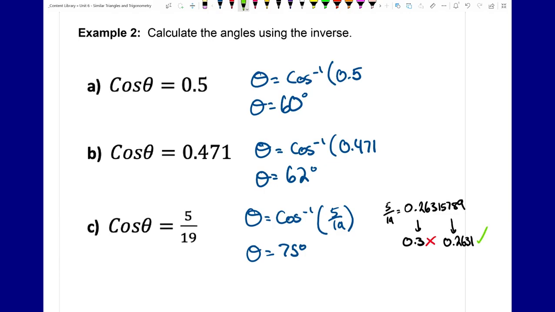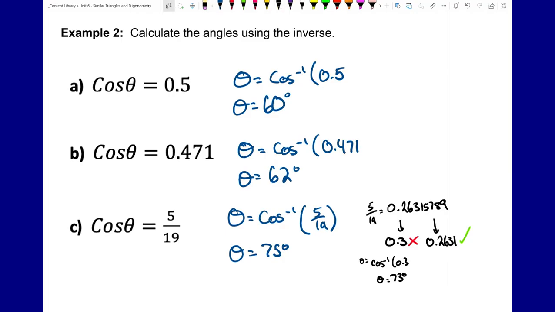So what I'm saying is, if I was to take that value and plug it into the inverse of cosine, I would want to use the one with more decimals. If you round it too much, you're going to get a different answer, or you might get a different angle. So if I do just the inverse cosine of 0.3, I get an angle equal to 73 degrees. So that's already 2 degrees smaller than my answer.